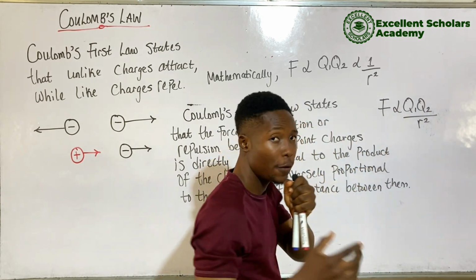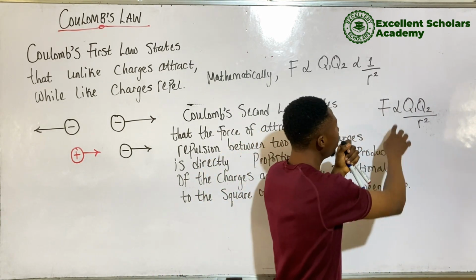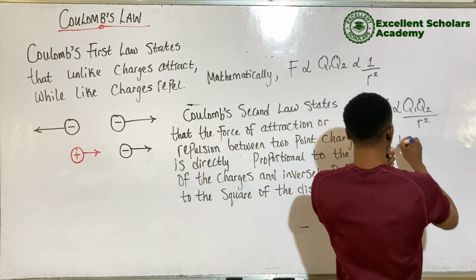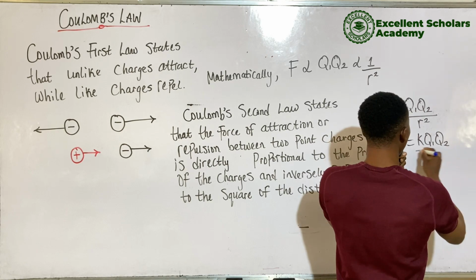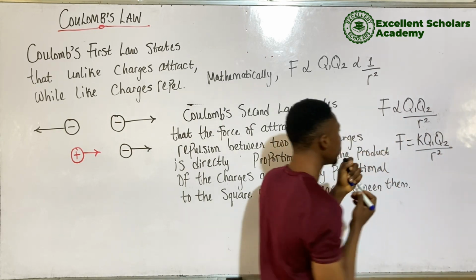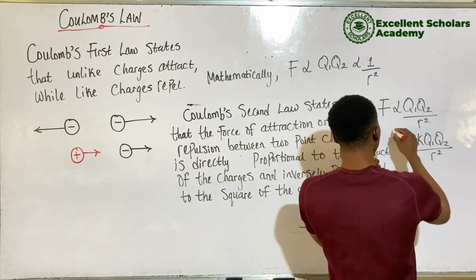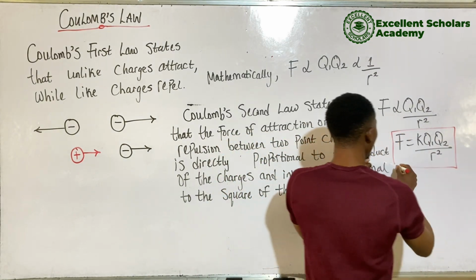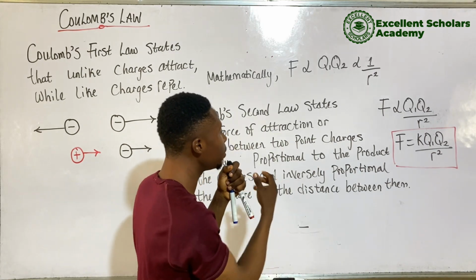Now, for us to take away this proportionality sign and introduce a constant, this becomes F is equal to k q1 q2 over r squared. So this is Coulomb's force or electric force from the second Coulomb's law.